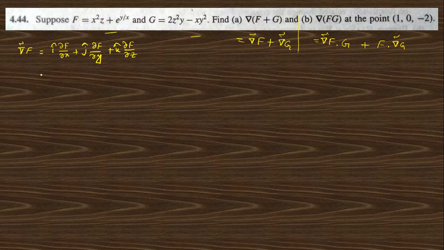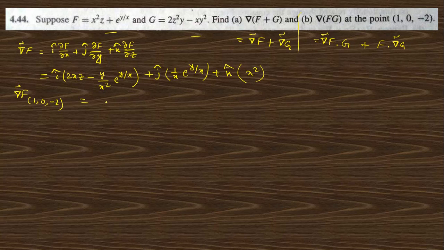So for i cap del f del x, if we differentiate with respect to x, this will become 2xz, and for the other term, y by x square e to the power y by x. This is i cap. For j cap, with respect to y, this term is 0, this term is 1 by x e to the power y by x, and for k cap this will be x square. So at this point, grad f at (1, 0, -2), what is the value?